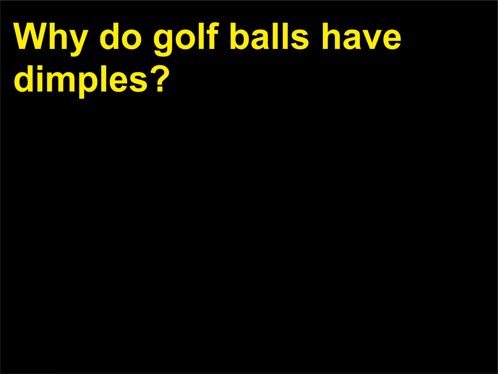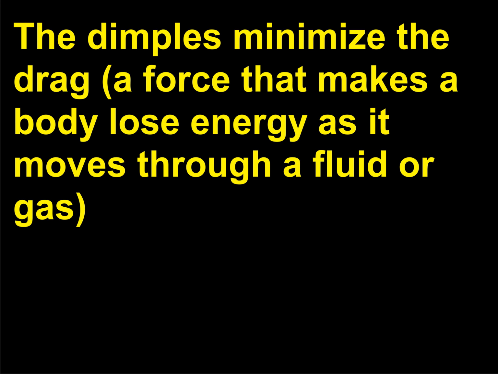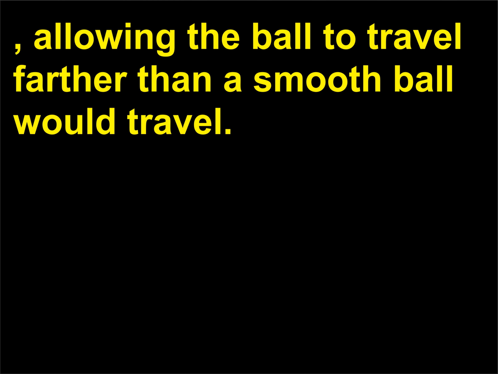Why do golf balls have dimples? The dimples minimize the drag, a force that makes a body lose energy as it moves through a fluid or gas, allowing the ball to travel farther than a smooth ball would travel.